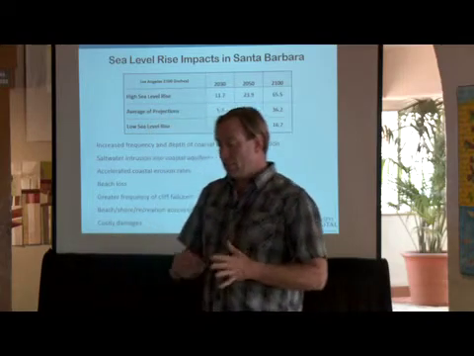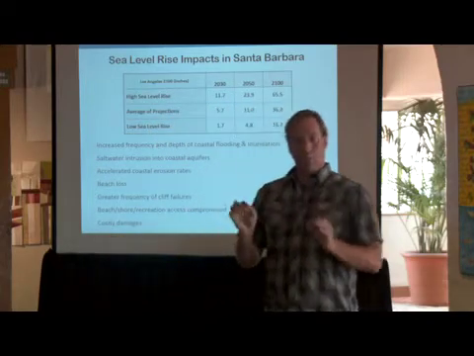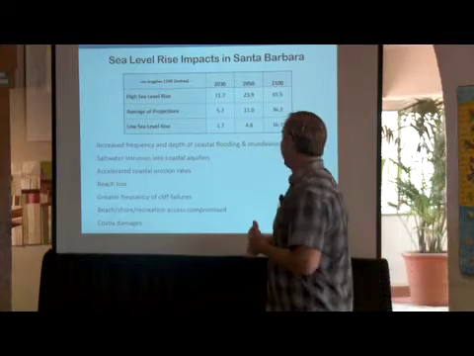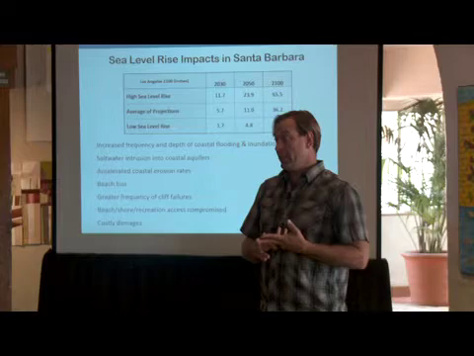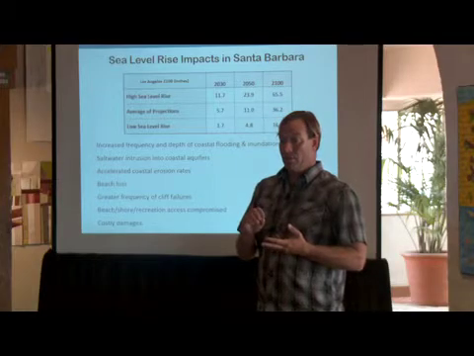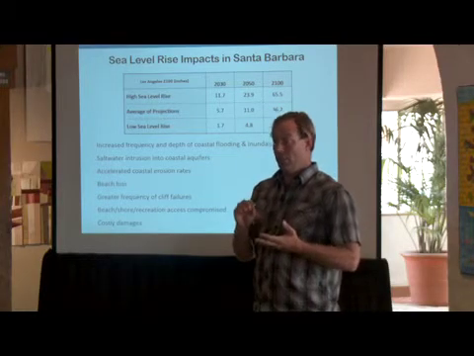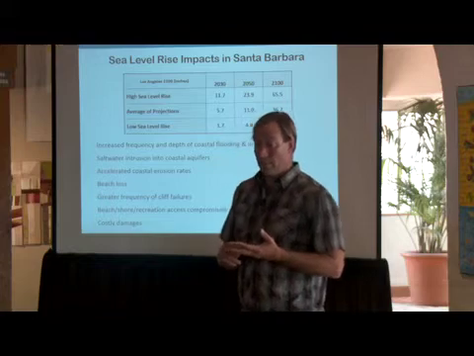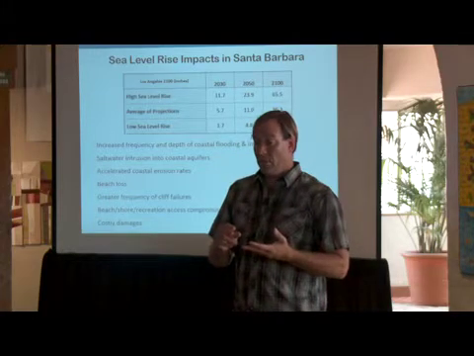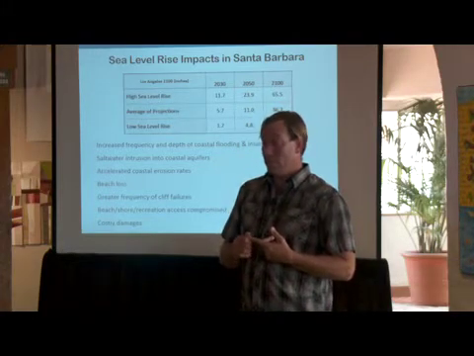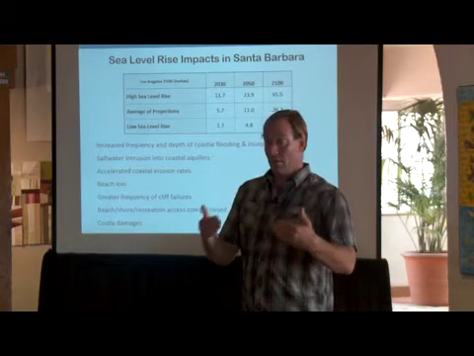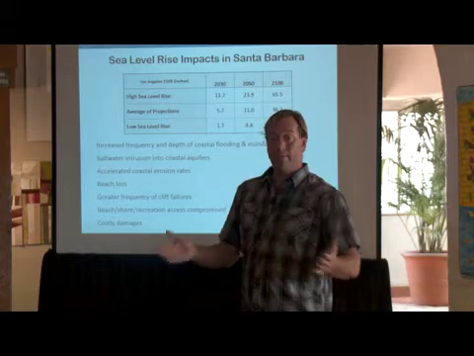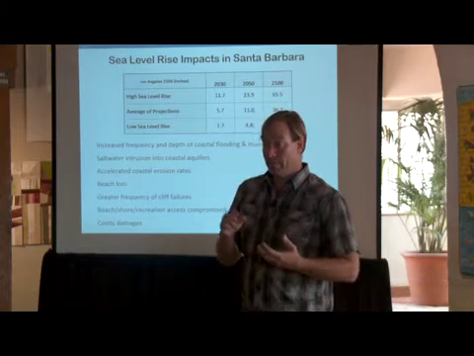What this means, though, without getting hung up on what decimal point's the right answer, is that we're going to start seeing increased frequency and depth of coastal flooding and inundation. There's going to be more saltwater intrusion into the groundwater supplies and coastal aquifers. We're going to have accelerated coastal erosion rates. Depending upon how we manage our beaches, we may not have beaches anymore.